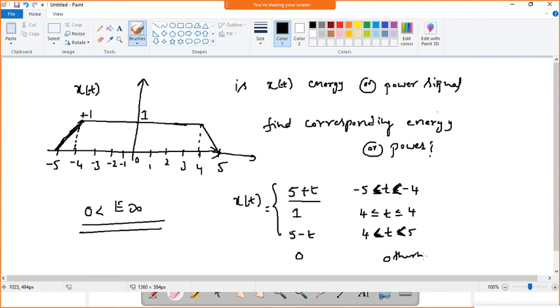This is the function which we can represent in terms of the variable t.